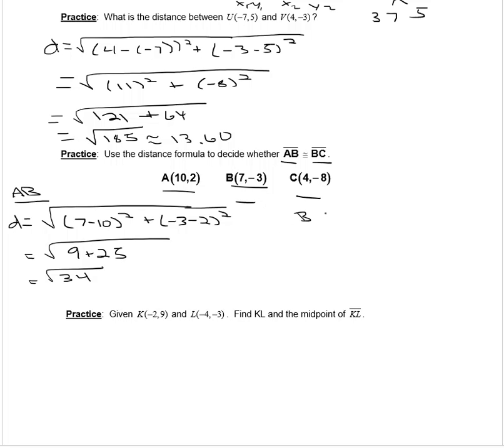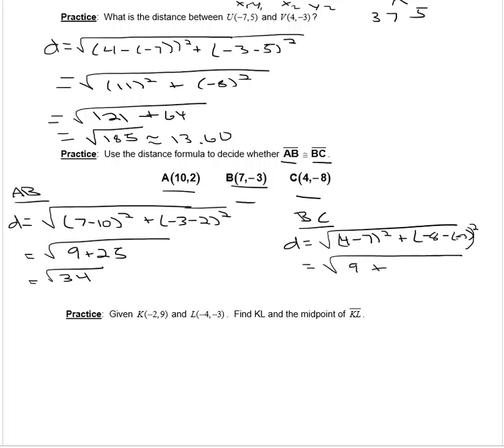So this is going to be for BC. I'm going to take the distance of BC by first doing 4 minus 7 squared plus negative 8 minus negative 3 squared. Oops, sorry about that. Well, 4 minus 7 is negative 3. Negative 3 squared is 9.